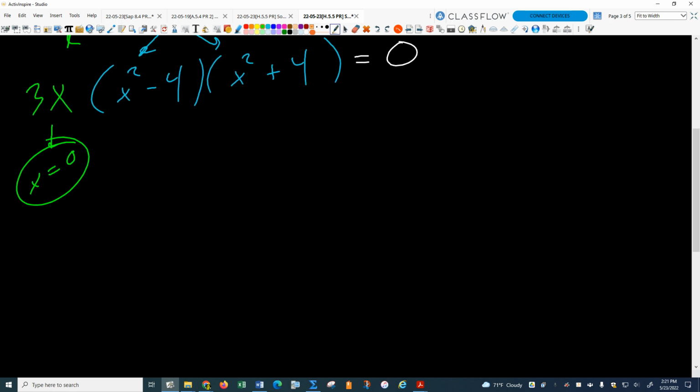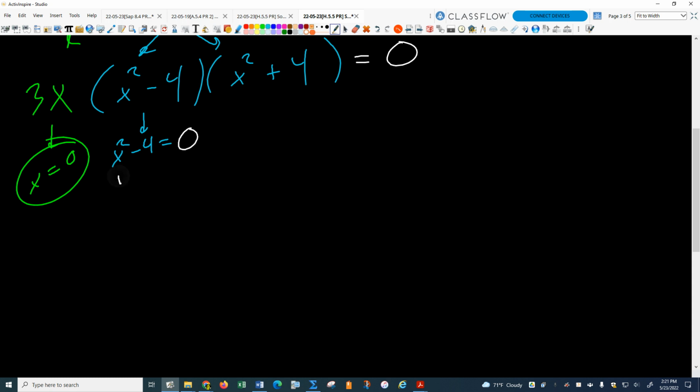What about the x squared minus 4? What are my options? I could just isolate the x. To me, that's easier. Or I could break it up as a difference of squares, right? That's x squared minus 2 squared, so I could make that x minus 2 times x plus 2. Either way, I think it's easier just to set it equal to 0 and isolate the x, don't you think?